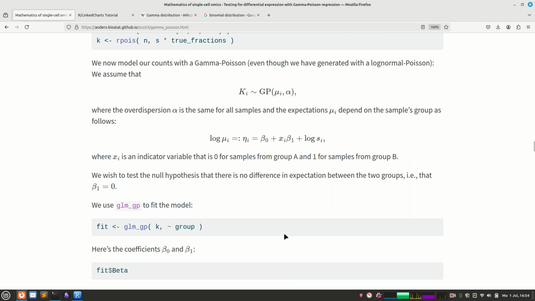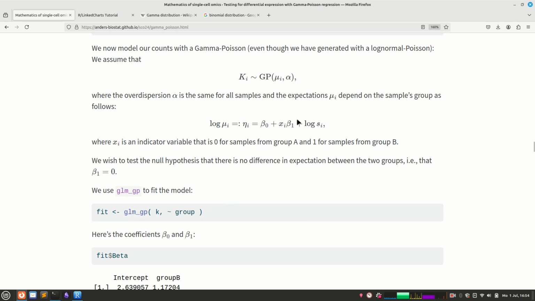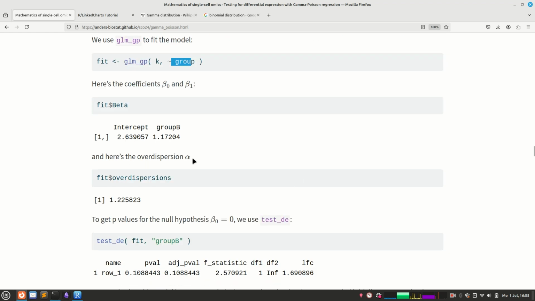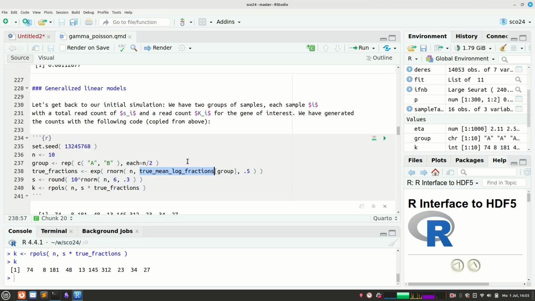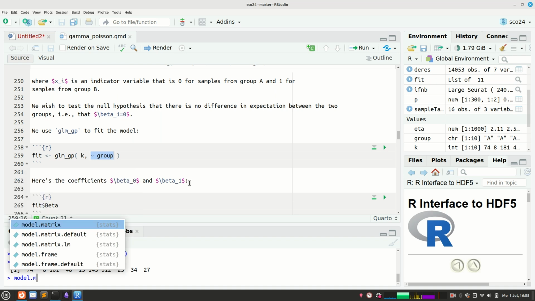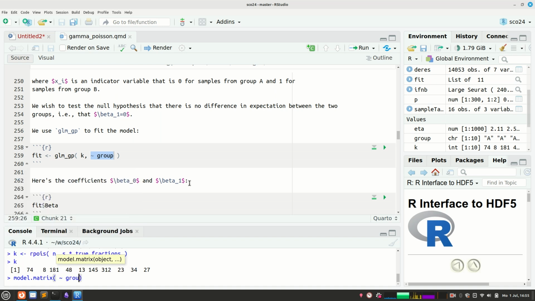And now, of course, I can tell my maximum likelihood fitter that it should fit that, and if I call this glmGP with this model formula tilde group, it will understand from that what it's supposed to fit: a different mean depending on whether it's in group A or group B. So what it actually does, it uses a model matrix, tilde group.